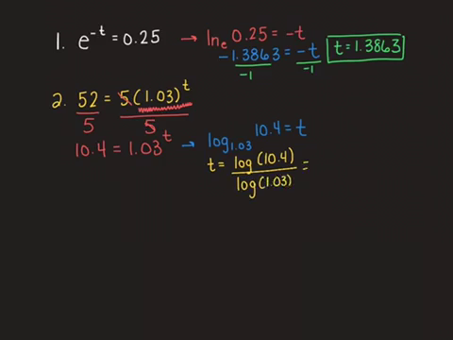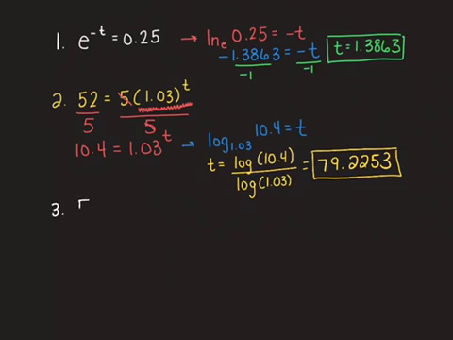And then I calculate that to 4 decimal places. And I get 79.2253. And that's what t is equal to in this one. Let's look at another one.